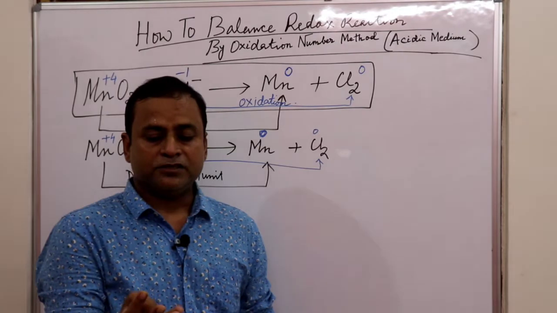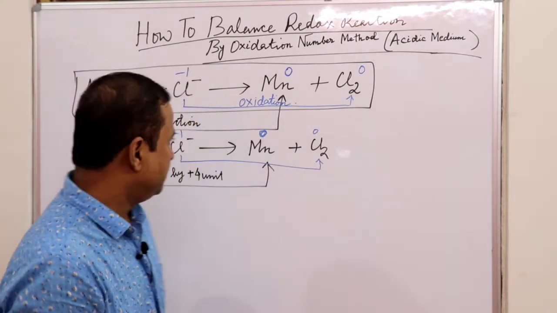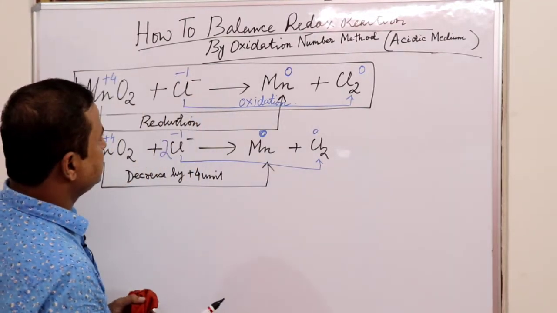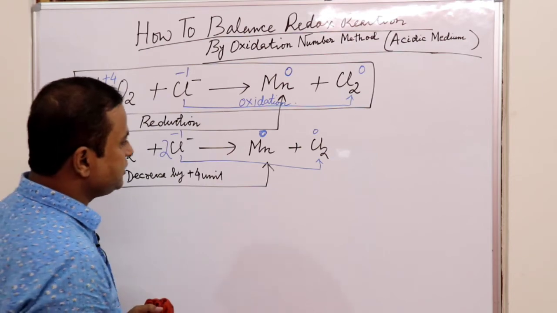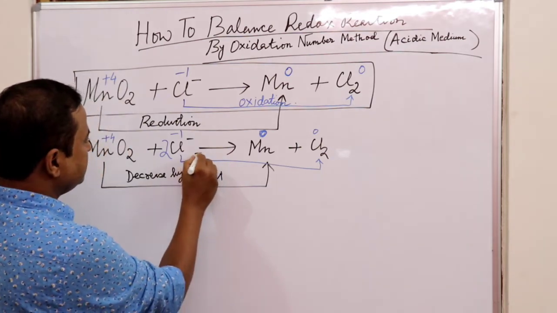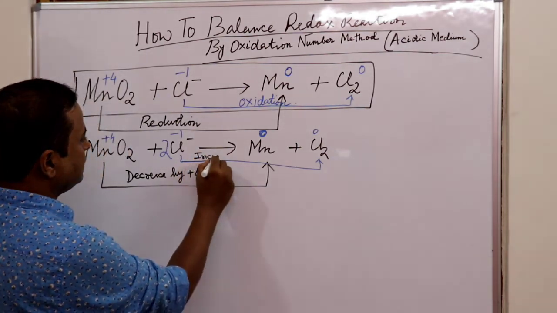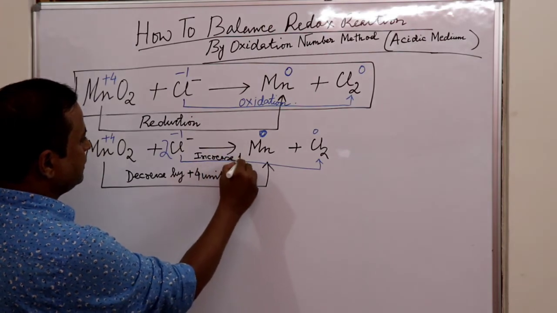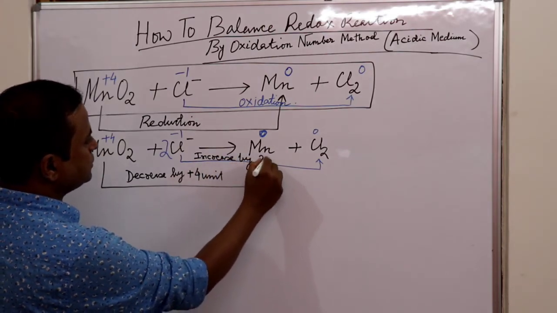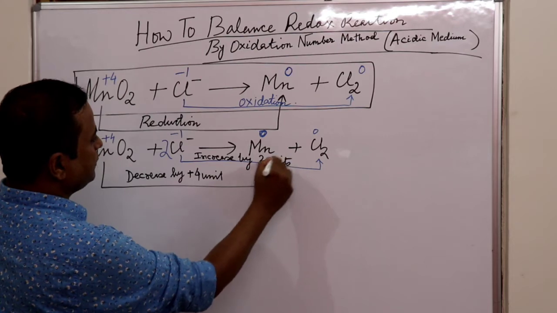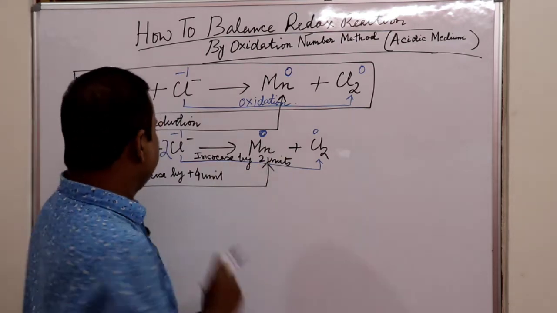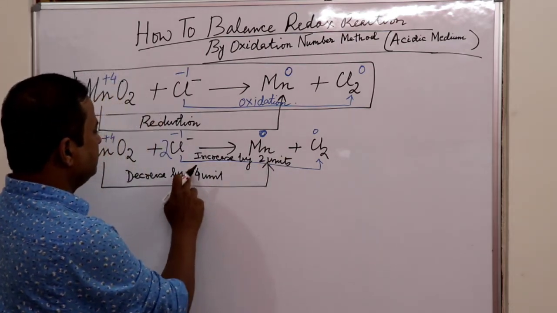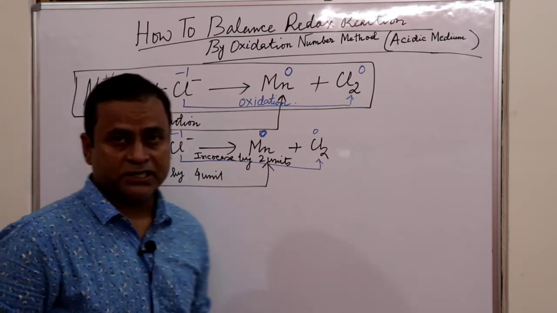This is oxidation, which means an increase. The increase is by 2 units. Better we write 4 to make it easier.